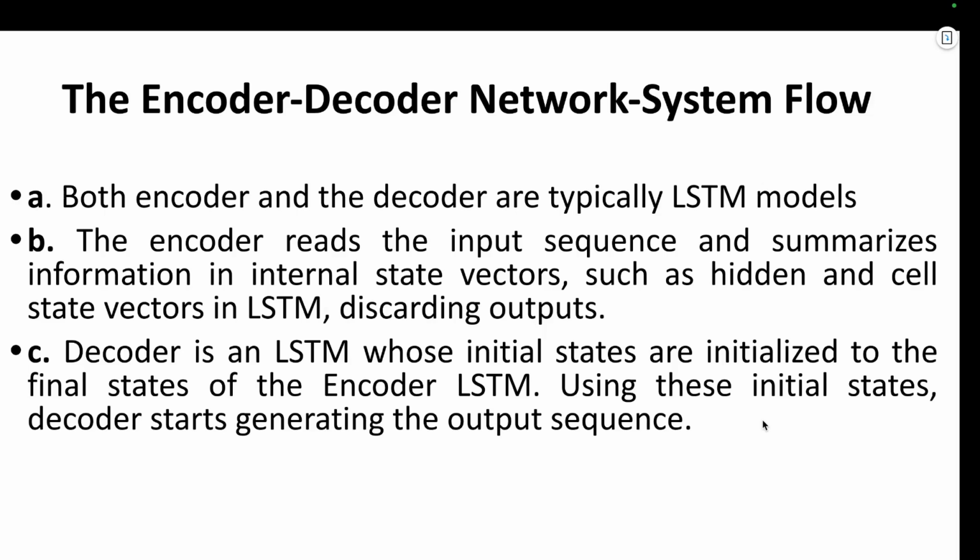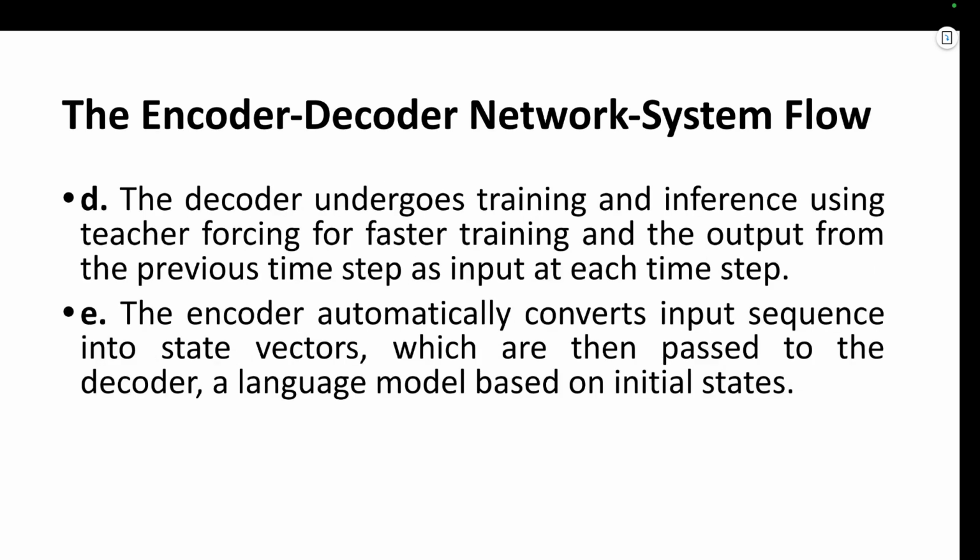Both encoder and decoder are typically LSTM models. The encoder reads the input sequence and summarizes the information in internal state vectors, such as the hidden and cell state vectors in LSTM, discarding the output. The decoder is an LSTM whose initial states are initialized to the final state of the encoder LSTM, and using these initial states the decoder starts generating the output sequence.